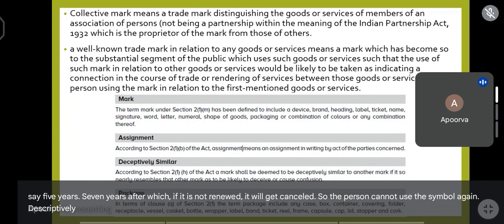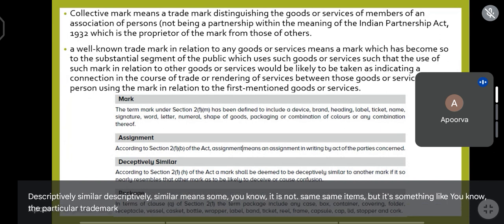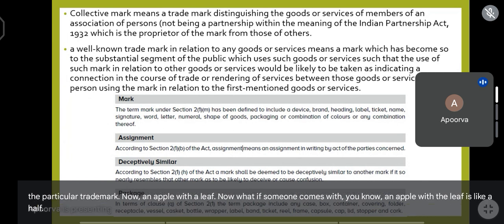Descriptively similar means it is not the same item, but something like the particular trademark. Now, take an apple with a leaf. An apple with a bite taken out of it is the Apple company symbol.